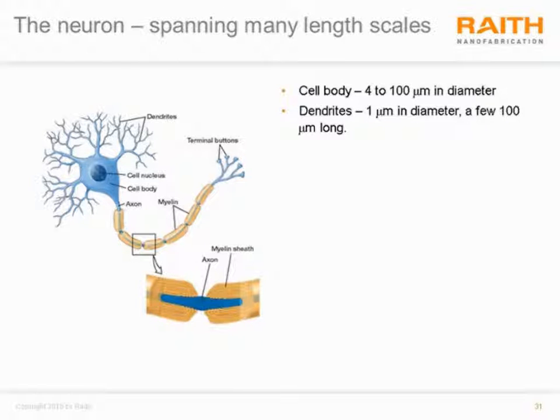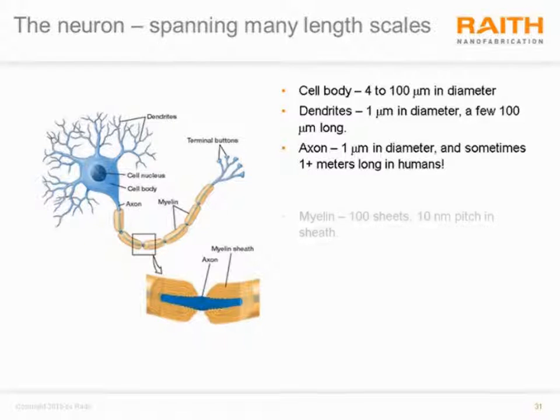We would need to resolve dendrites that are 1 micron in diameter, but they're a few hundred microns long, which already exceeds a single field of view for scanning electron microscopy. Looking at other parts, the axon is very interesting. It is also 1 micron in diameter, but it can be 1 meter long, even longer in certain animals like humans. And finally, let's take a closer look at the myelin.